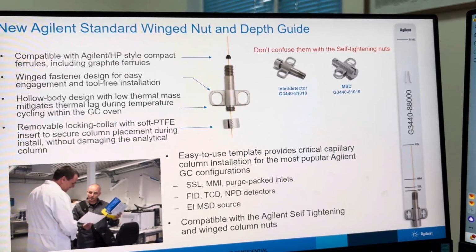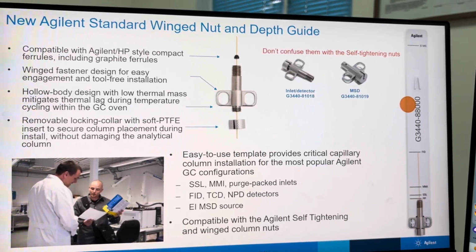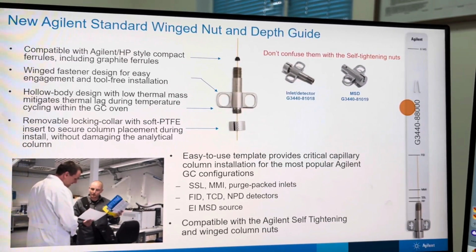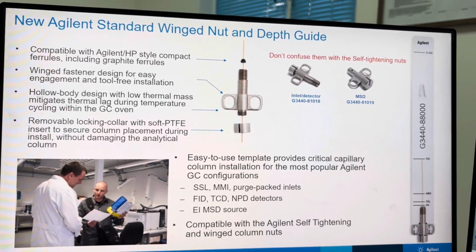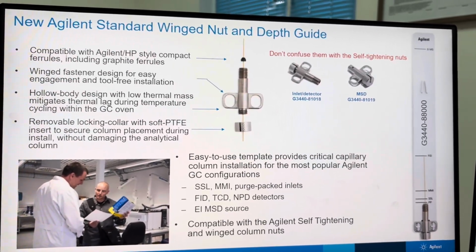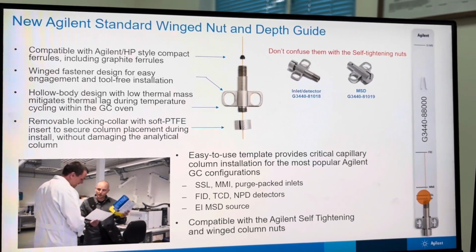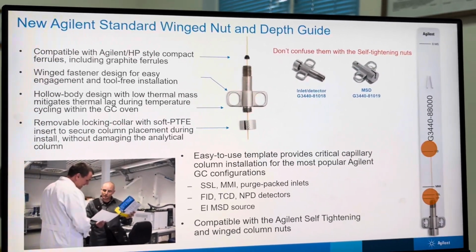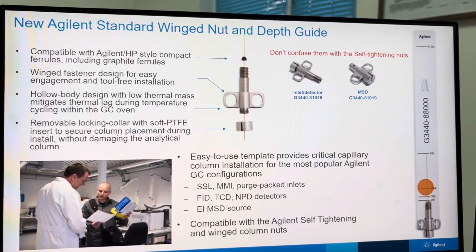And another important thing is, we generally use a ceramic column cutter. Similarly, we have a product for the column length required for each system. If you see here, for FID from this point to this point, if it is MMI or SSL, based on the type we can see. If it is an MS, this is the length.